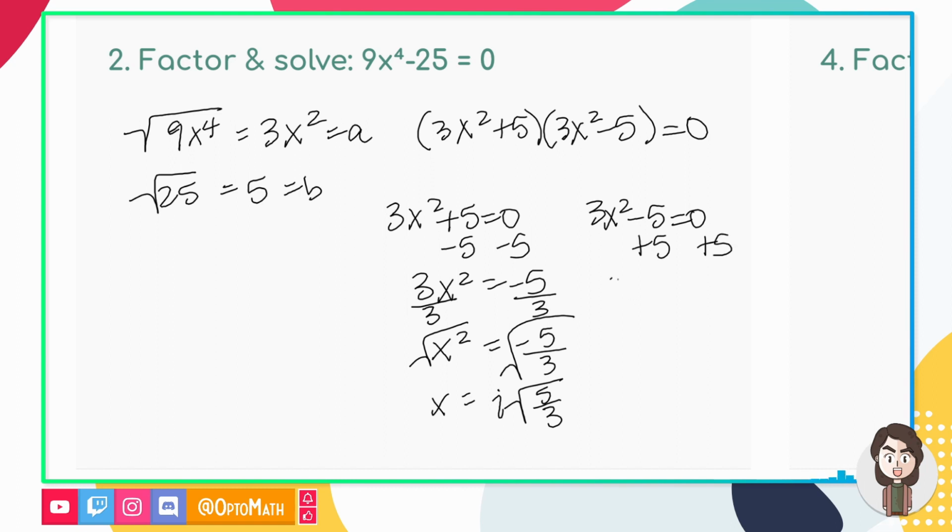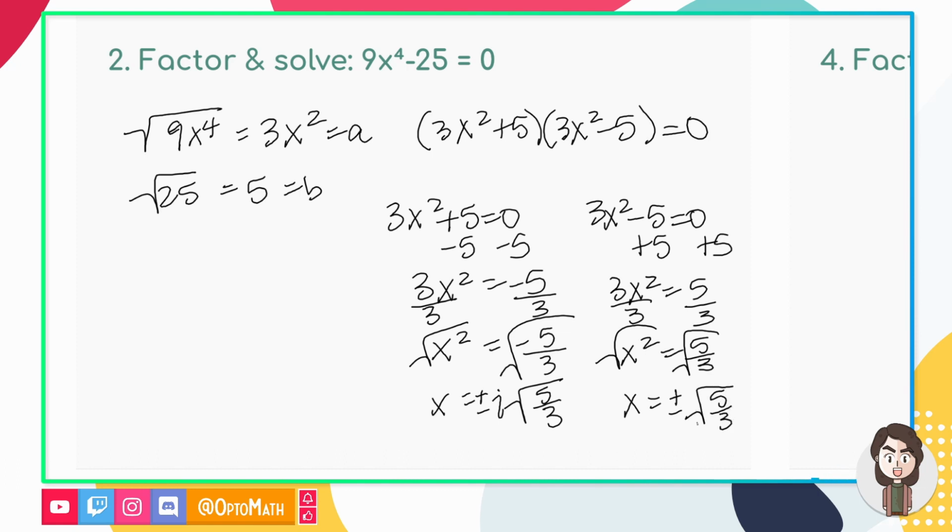Working on our second one, notice we're going to have a positive 5, so we won't have an i here. Taking the square root of both sides, and by the way, I just remembered I did forget the plus or minus over here. Anytime you take a square root, it's plus or minus. So this one is also plus or minus, but we just have 5/3 underneath the radical.